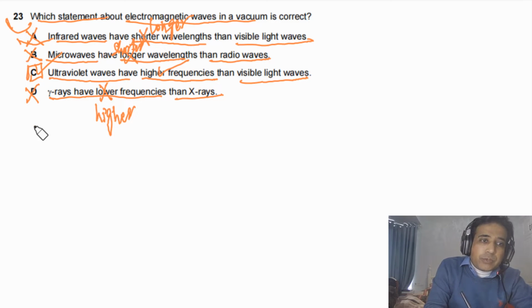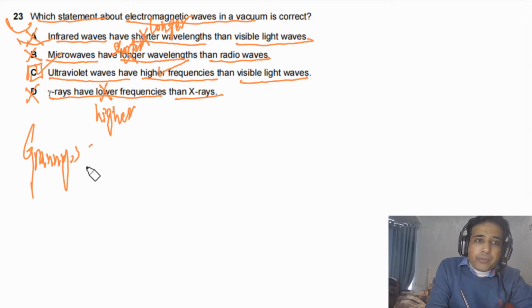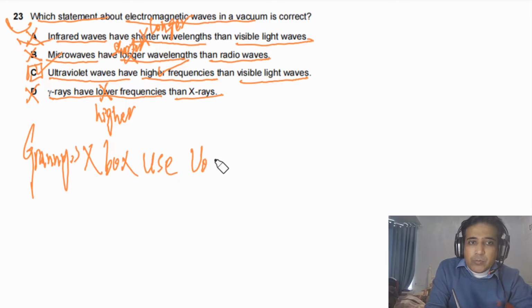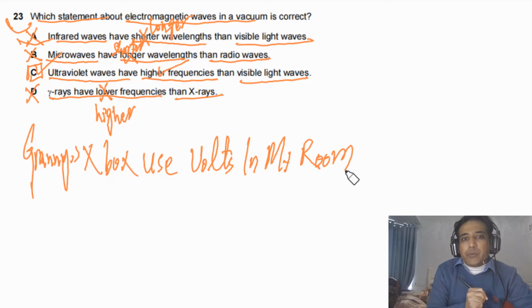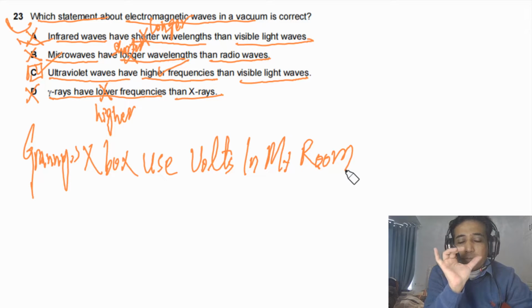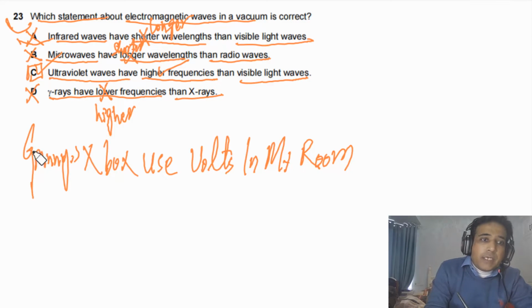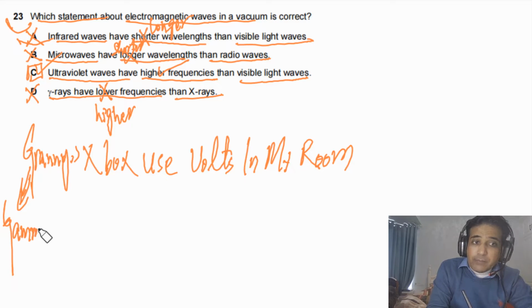So simply you need to understand "Granny's Xbox". So let me write on here. Granny's Xbox use volts in my room. With this one sentence, you can remember the order of EM waves. So G is representing gamma. These are gamma waves, you can say gamma radiations.